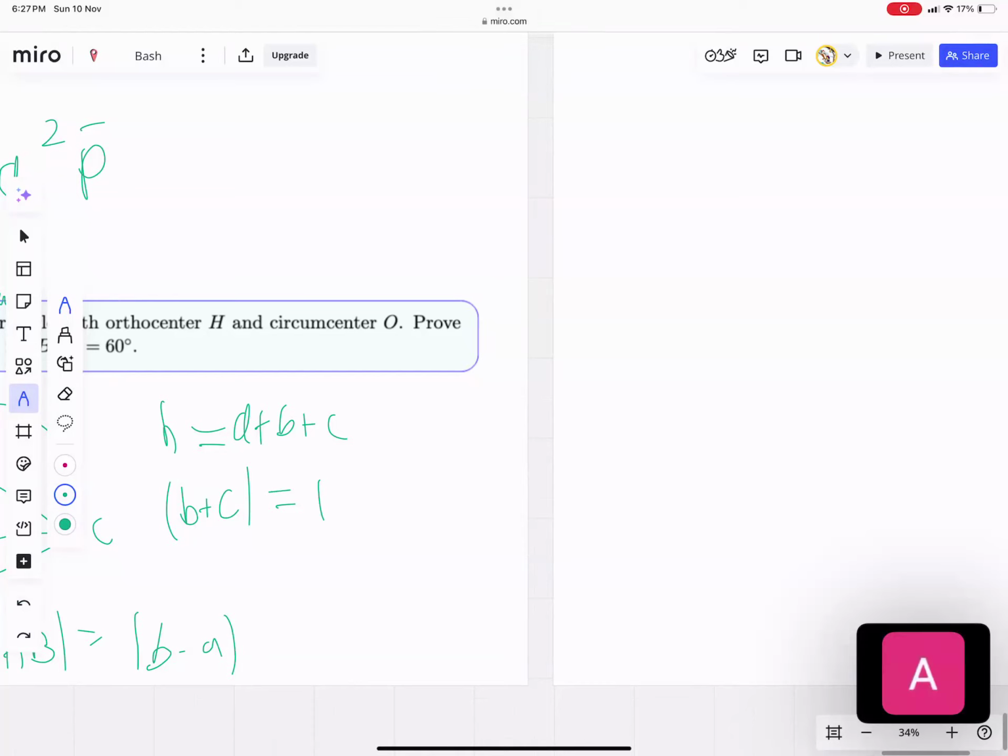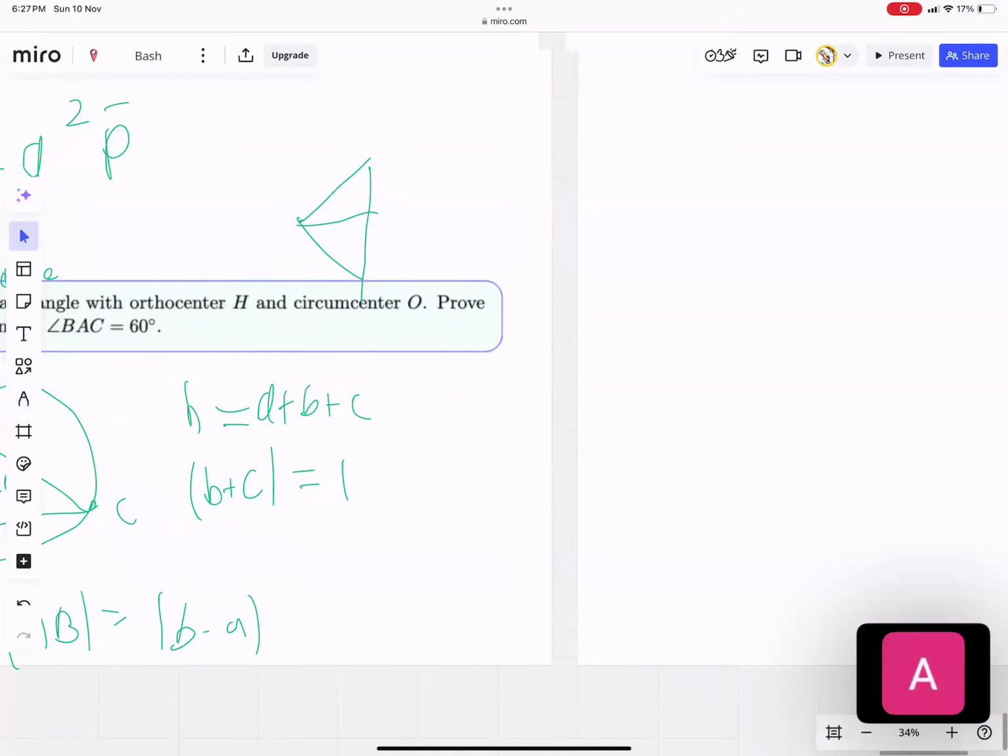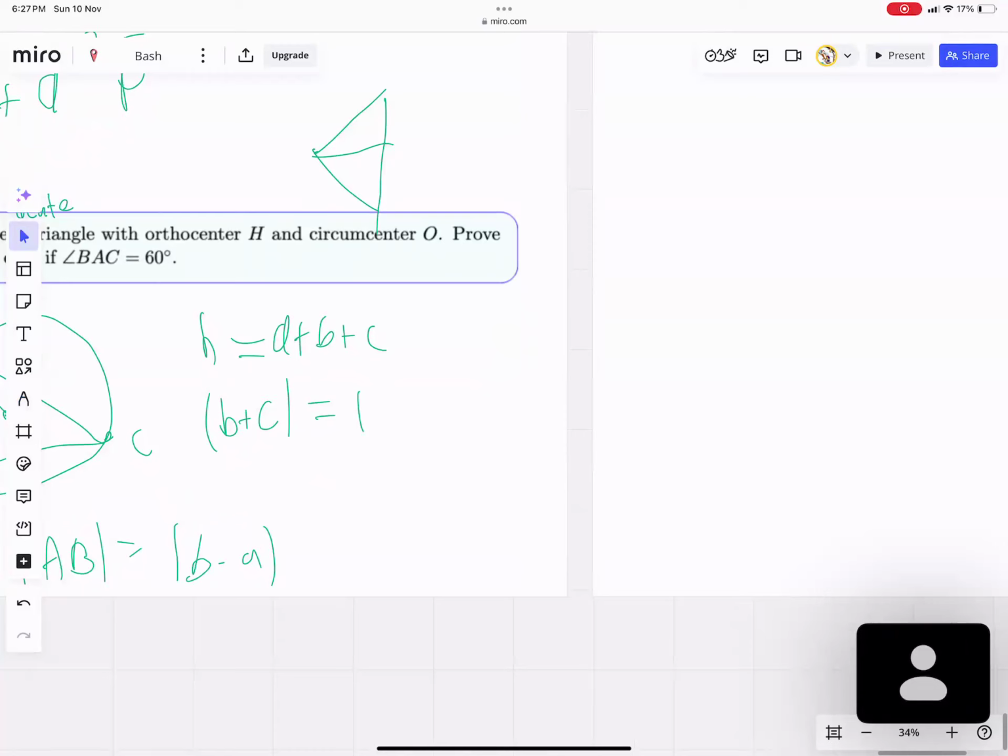If we draw the triangles, we know BO equals 1, CO equals 1, and the vector sum B plus C is also 1. So the angle between them must equal 120. You're doing trigonometry here. If these are the two vectors and this is the sum, you're using trigonometry, right? Yes. Okay, that's nice, but is there any way to do it with complex numbers?